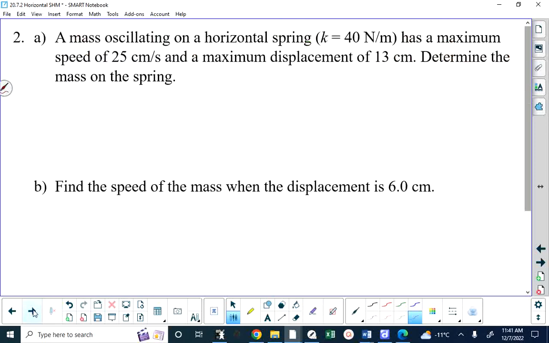All right, two, and I think this is the only other example, am I right? Okay, good. A mass oscillating on a horizontal spring has a maximum speed of 25 centimeters per second. Just a second here then.